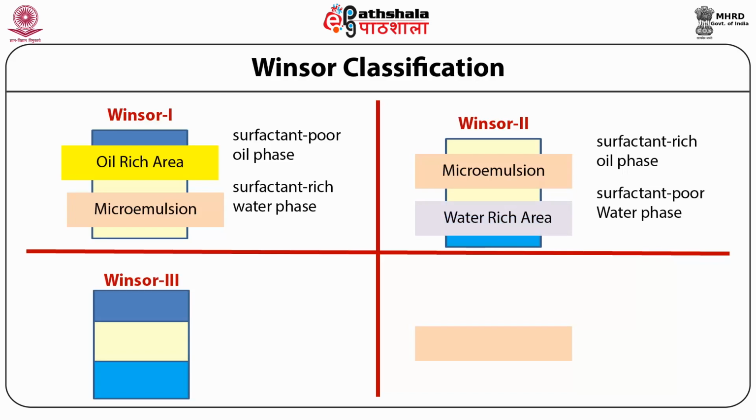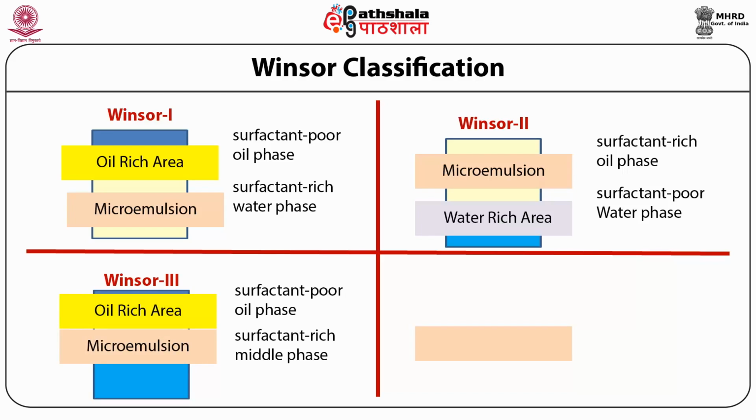In Winsor 3, an oil rich area, a microemulsion area as well as a water rich area appear. The oil rich area constitutes the surfactant poor area, the microemulsion region is called the surfactant rich area, and the water rich area is the surfactant poor area.